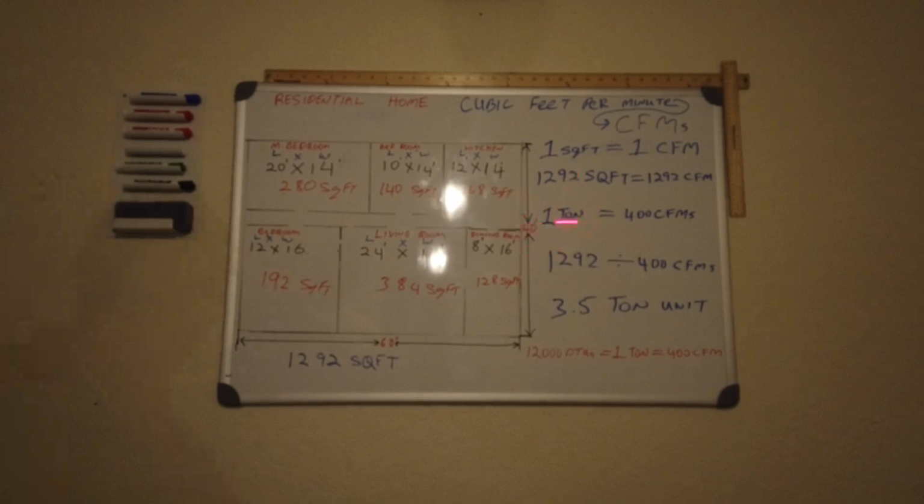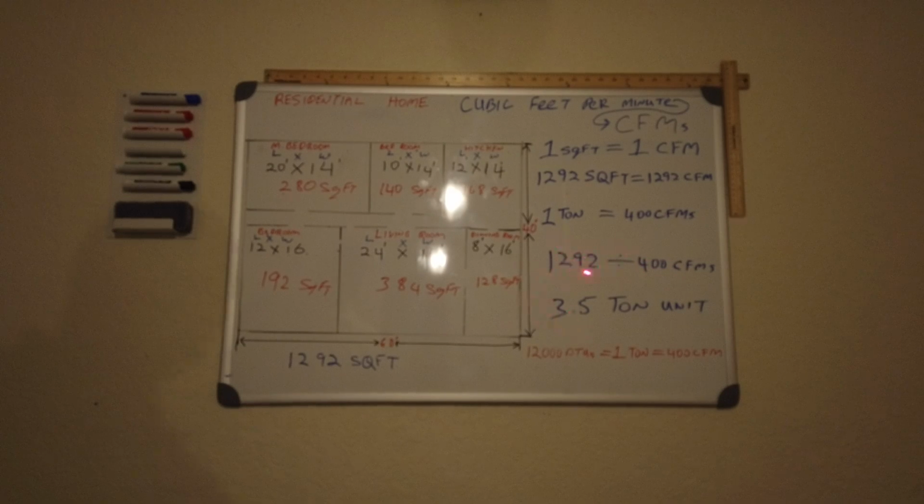So I just did this formula for you guys. A 1 ton unit produces 400 CFMs of air. So you could kind of do the math. We got 1,292 square feet, which means we need 1,292 CFMs to satisfy this space. 1 ton of air equals 400 CFMs, so you divide 1,292 by 400.